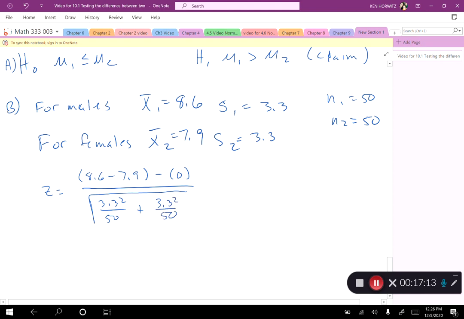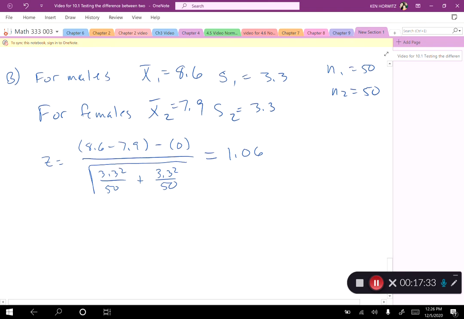So why don't you again pause the video and let's get our test value. All right, so I got my test value to equal 1.06. And now we need to look for the p-value. So I take my z equals 1.06. And I need area to the right because my alternative says it's a right-tailed test.